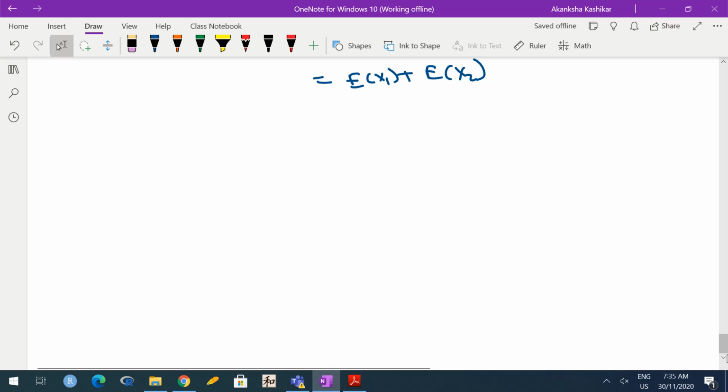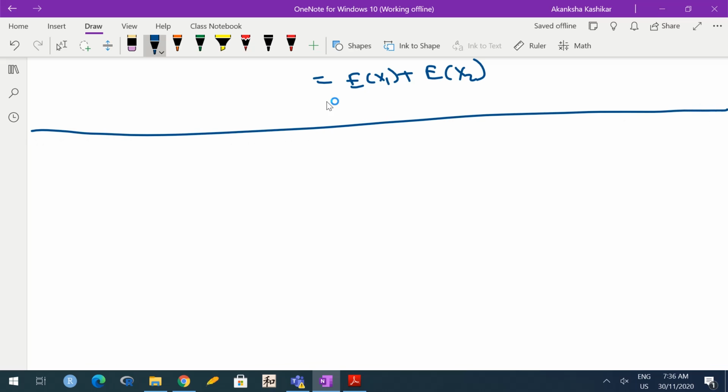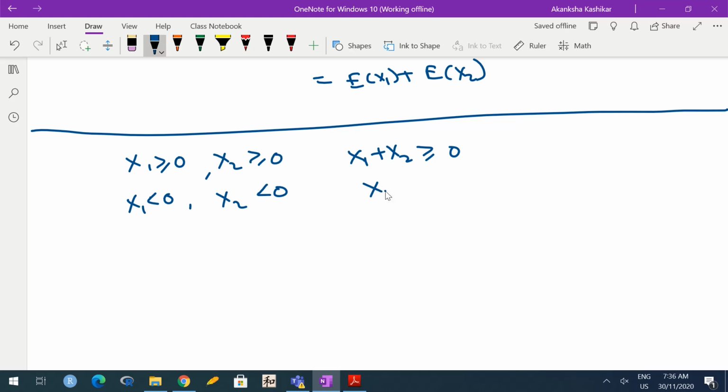Now the question arises when they are arbitrary, either one or both. So the idea of the proof is, we divide the entire omega into different parts. What are those parts? Part where both x1 and x2 are non-negative and hence x1 plus x2 is also non-negative. Then another part where x1 is less than 0, x2 is less than 0 and hence x1 plus x2 is also less than 0.